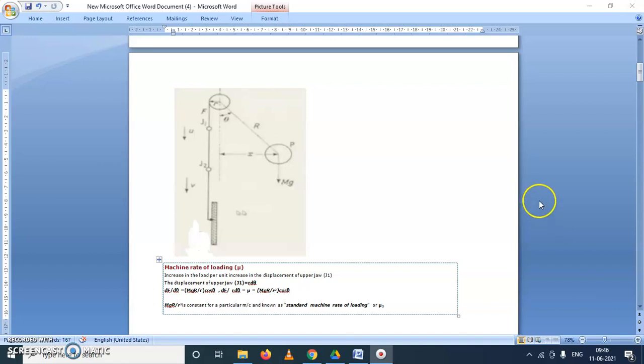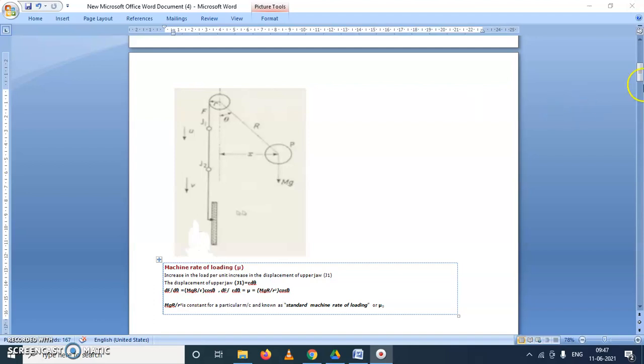And we know that the displacement of the upper jaw is equal to the length of the arc L. From the basic formula from the geometry of the circle, theta is equal to L upon R. So L can be written as R d theta. So machine rate of loading will be change in force divided by R d theta.